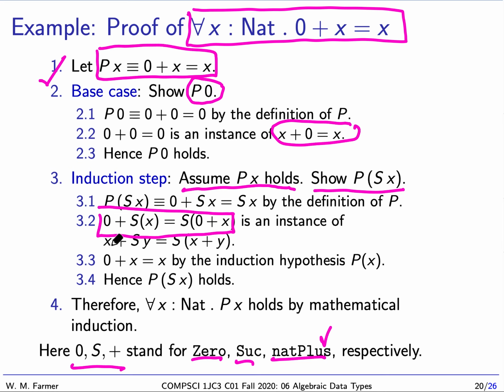It's an instance because I replaced the x's with zeros. So we know 3.2 is true. And now I know that this is true by the induction hypothesis. This is essentially equal to P of x.